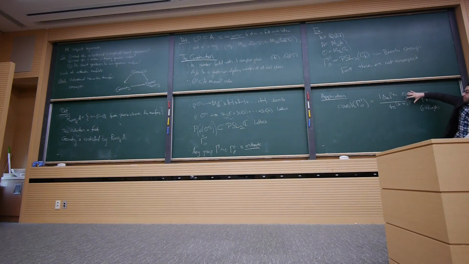So this number is composed of the discriminant, the zeta function, and the degree. This is entirely dependent on the field, just some number theoretic stuff about the field.